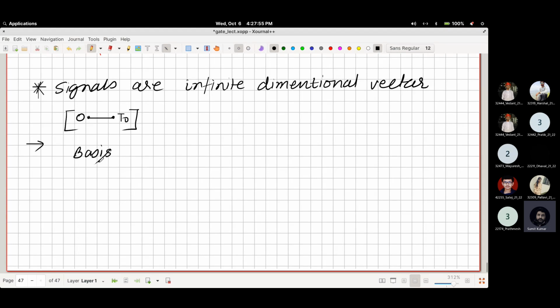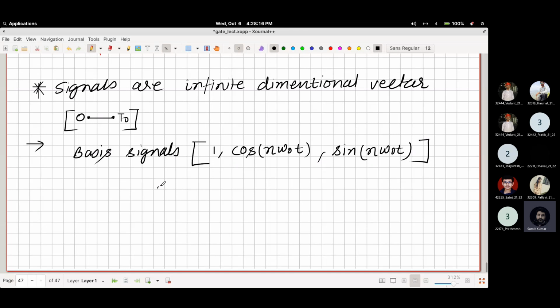So basis signals, let me call them. The basis signals between 0 to t naught are 1, and then cos n omega naught t, and then sin n omega naught t, where n is 1, 2, 3, all the way up to infinity.